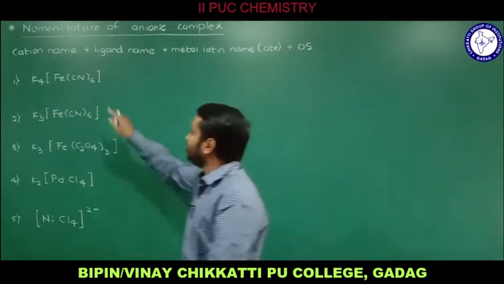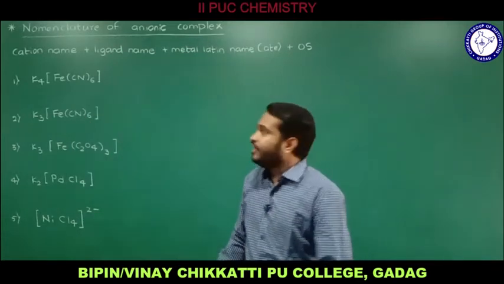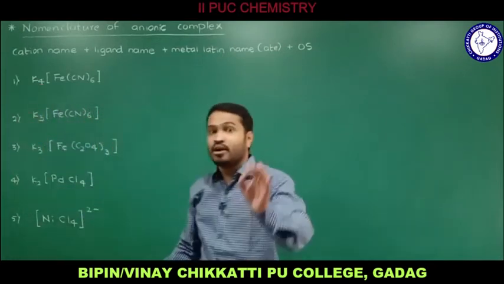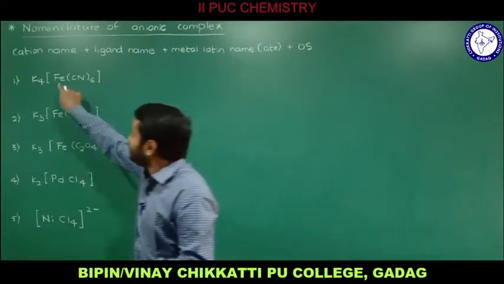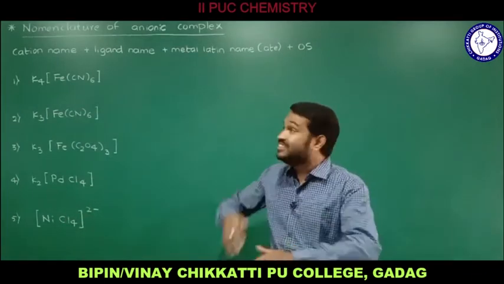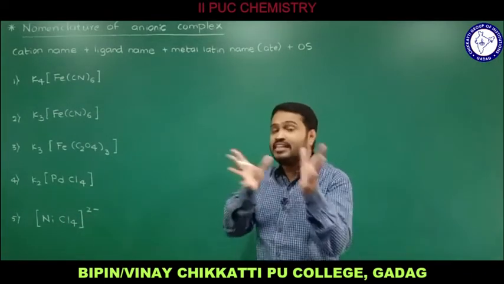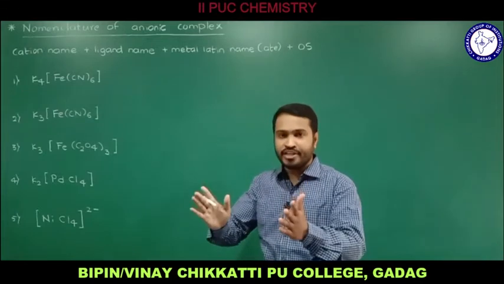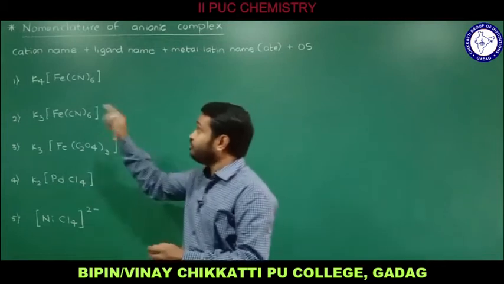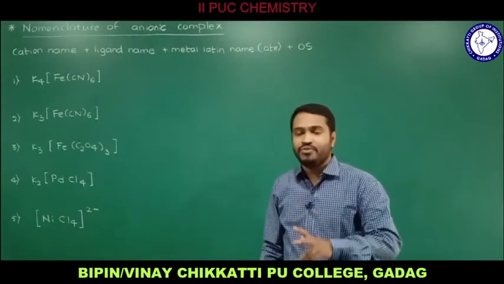If you consider the first example that I have written, remember this part, K4, that is the counter ion, and the term in the square bracket is the coordination sphere, whereas in case of a cationic complex it was exactly the opposite. First we have the coordination sphere and then the counter ion, whereas in case of anionic species first we have the cation and later the coordination sphere.